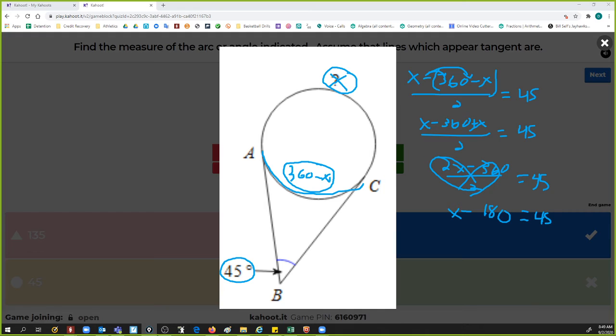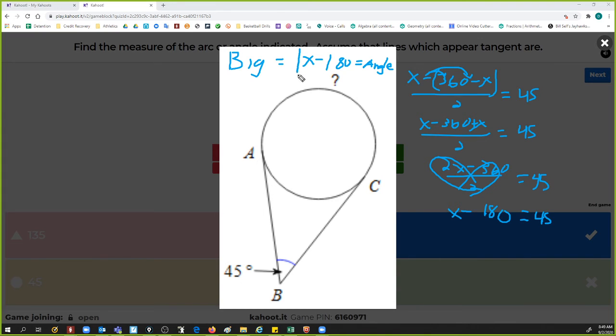On these types of problems, where they have two tangents and they only give you the angle on the outside, if you want the big arc, you're going to put x minus 180 is equal to whatever the angle is.